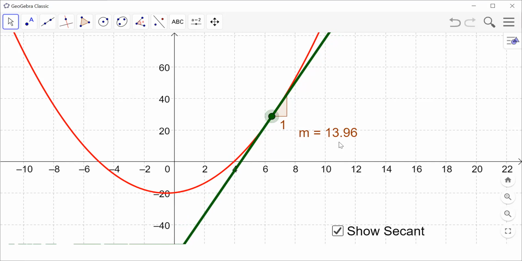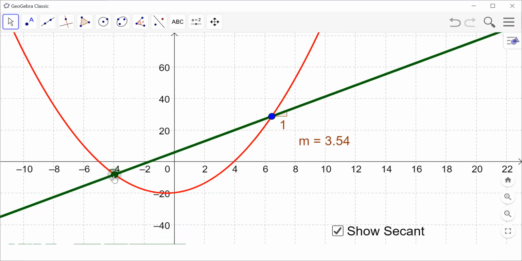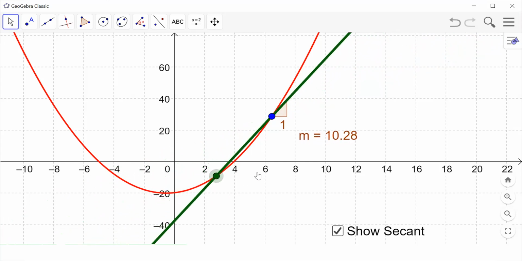So our goal in the first unit, and this is a big goal, friends, as you're learning what limits are, is to find the instantaneous rate of change. We are going to use secant lines and find the slopes of the secant lines.